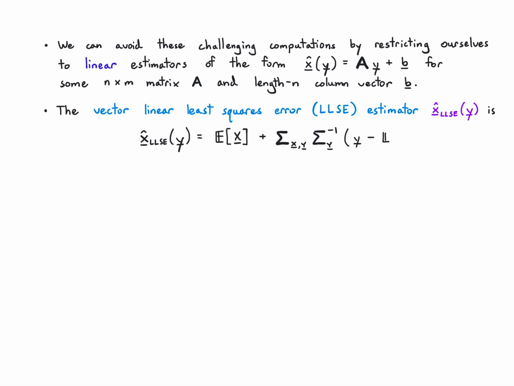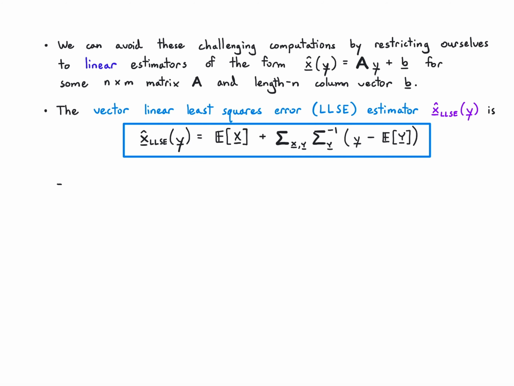Then y vector minus its mean vector. This is the form of the LLSE estimator. It's basically the same as the form of the scalar case, except now I've replaced the covariance with sigma xy, and I've replaced divide by the variance with the inverse of the covariance matrix of y. But otherwise, it basically looks the same.